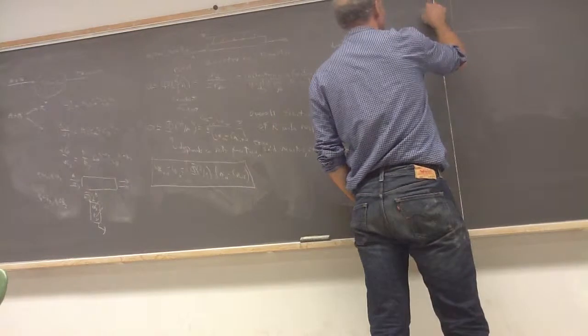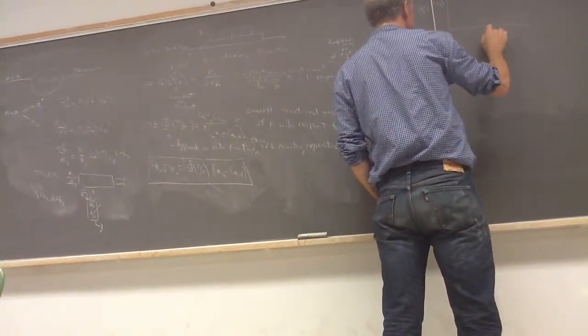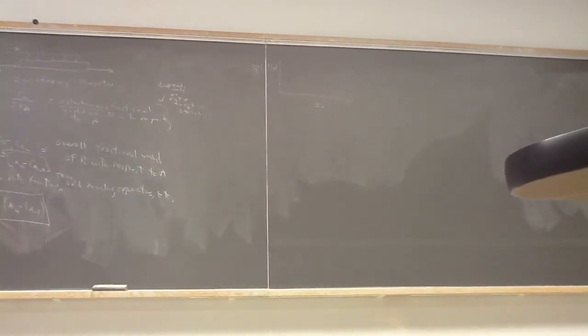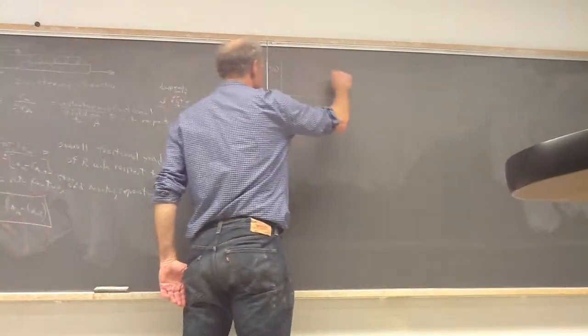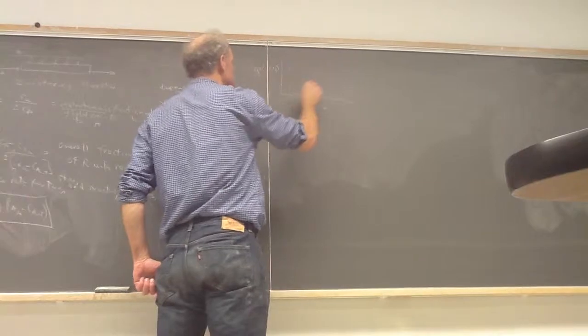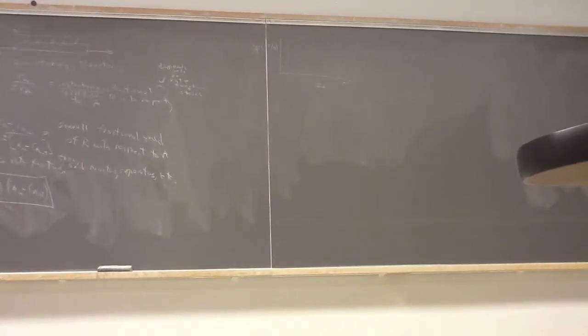If I plot phi, say R over A, versus, say, CA or XA, I get some sort of curve, whatever that looks like. And I've got an XA in and an XA out. So phi depends on the concentration.